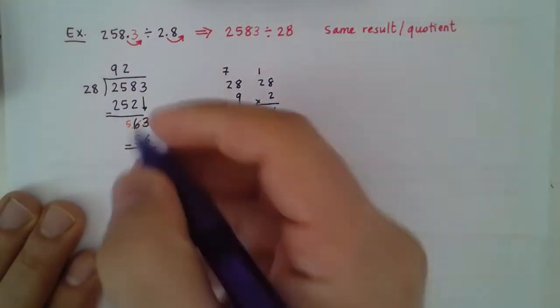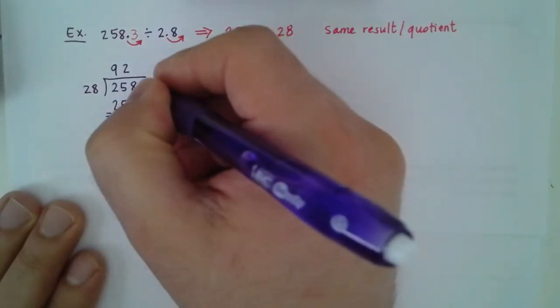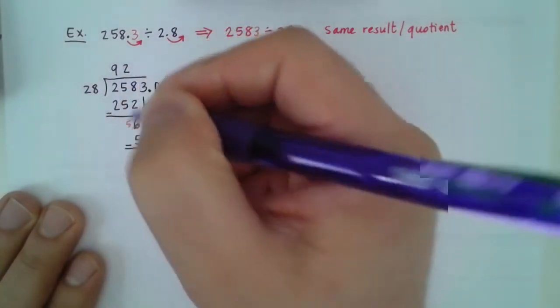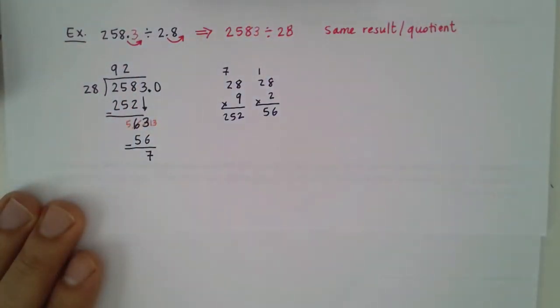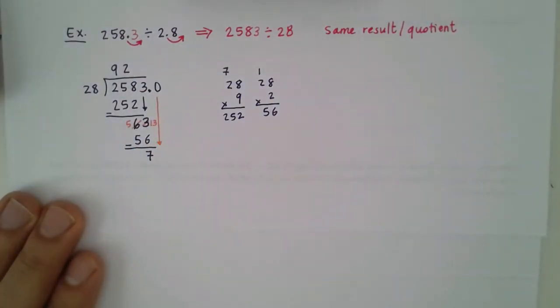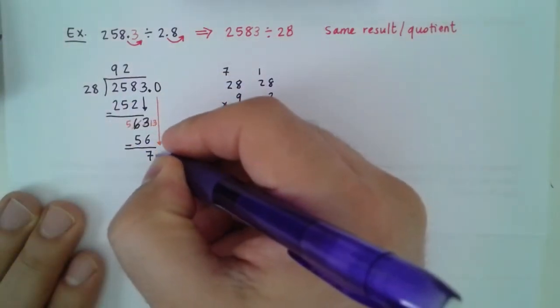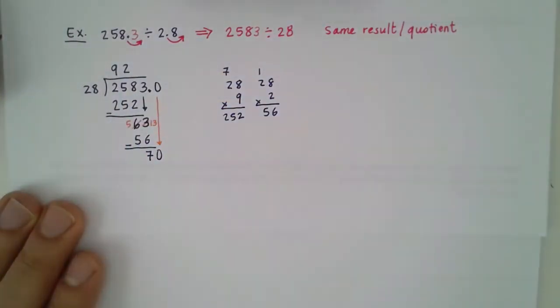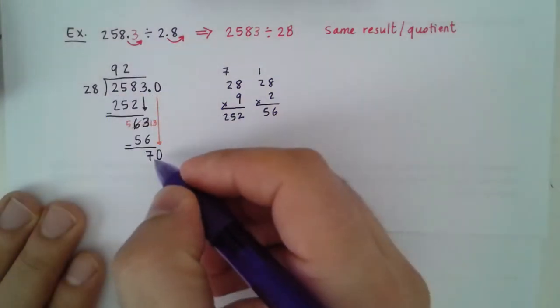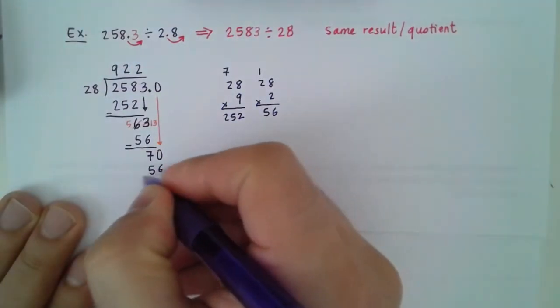So we got 7. Now, as usual, we can continue with the point zeros until we come up with no remainder. Of course, in these problems, sometimes these digits may not end. I'll show you how to solve those problems as well. But for this one, it will stop. So 28 goes into 70 again twice. 56.